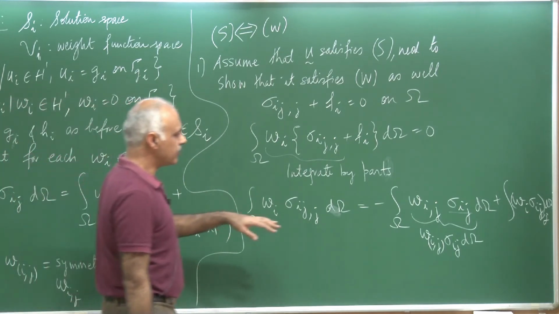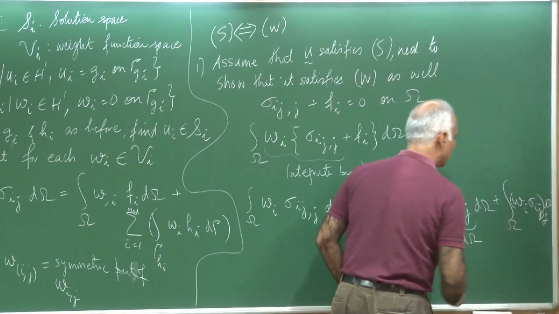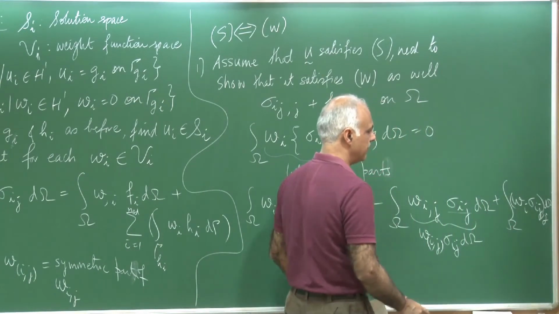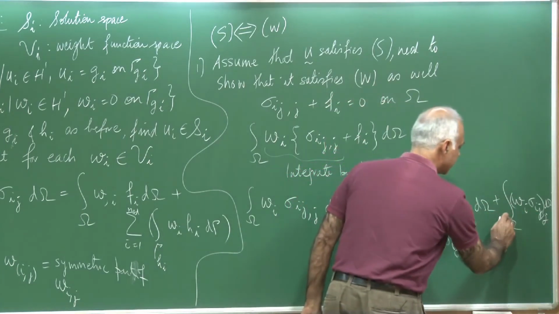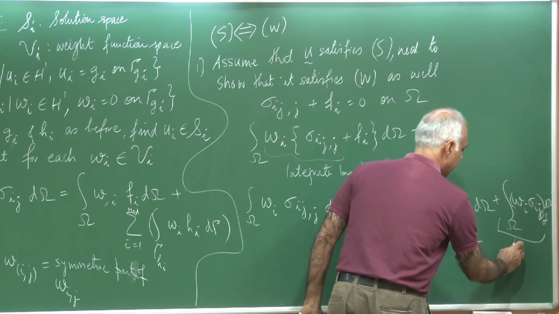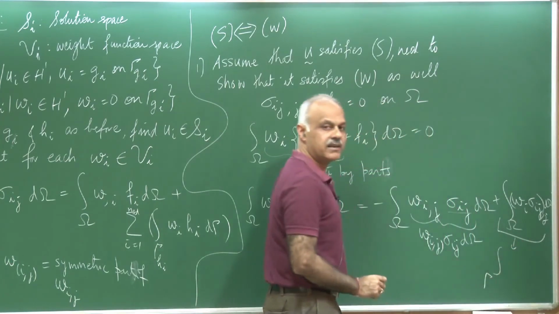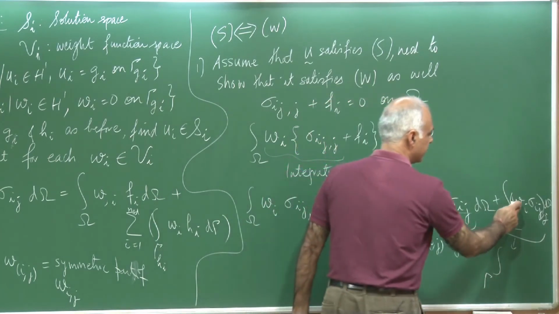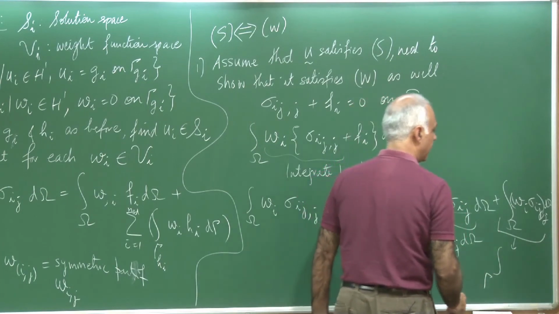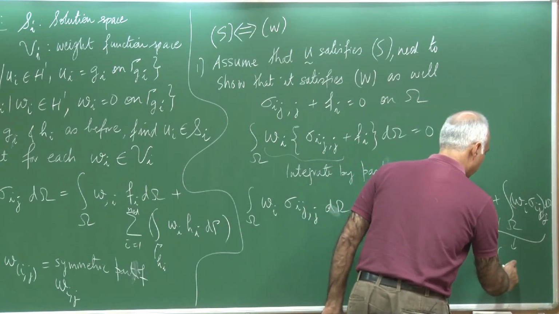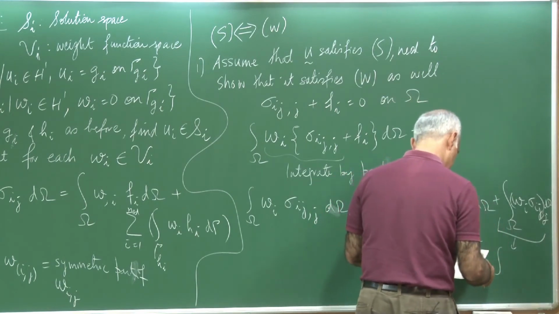I really now need to massage the second term. This was a volume integral over omega, but I can now use the divergence theorem. By using the divergence theorem, I can write this as an integral over the boundary gamma of the divergence of this quantity.